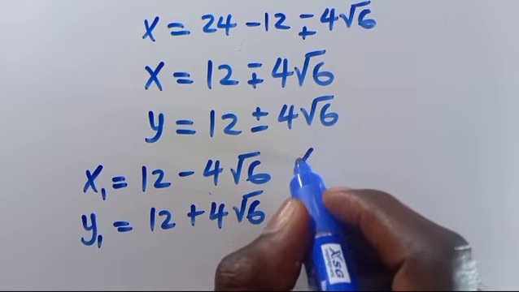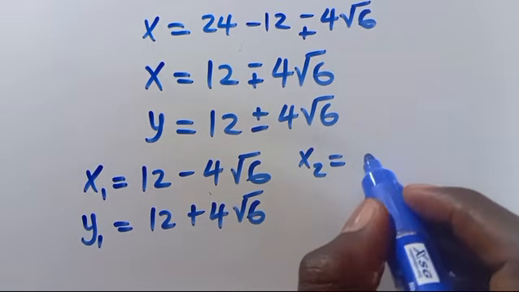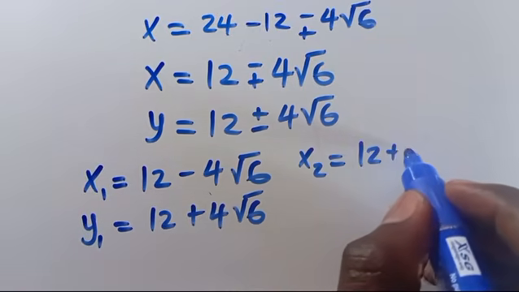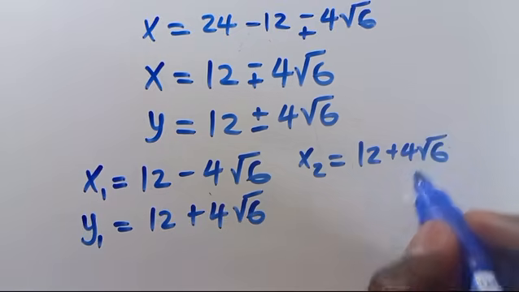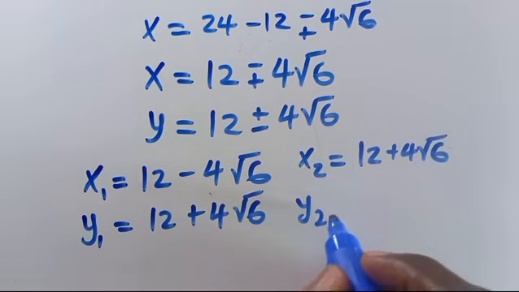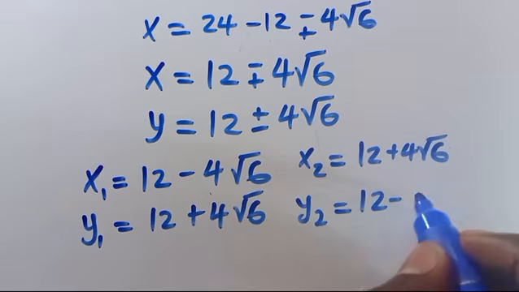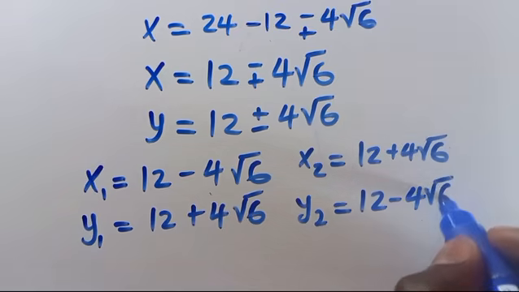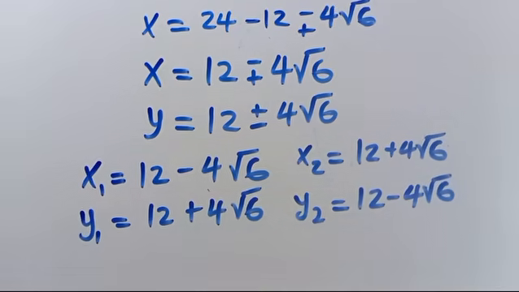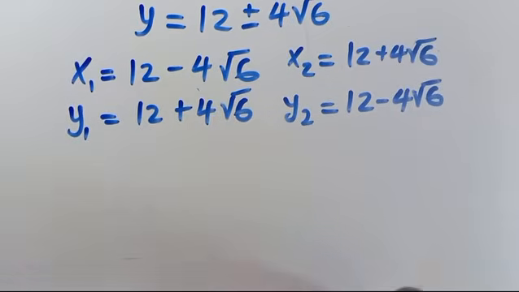When we have x2 equals 12 plus 4 root 6, this will be y2 equals 12 minus 4 root 6. And so therefore, even if you want to check your solution, it will satisfy the problem given to us.